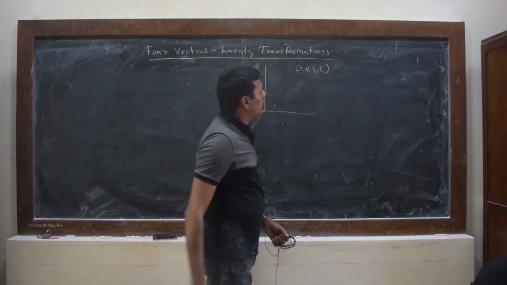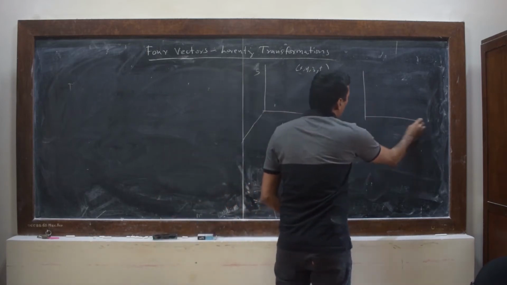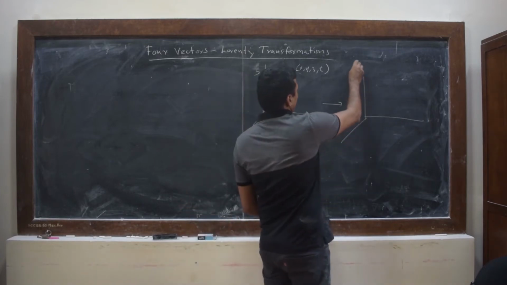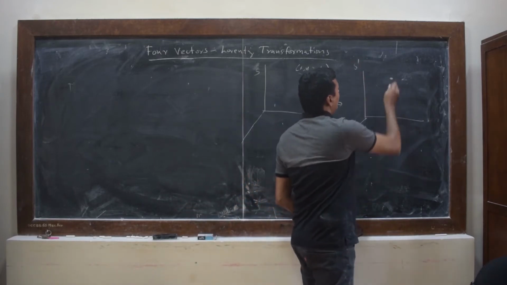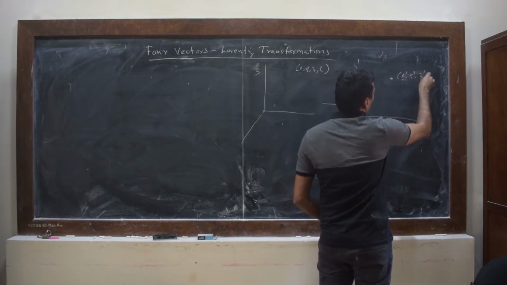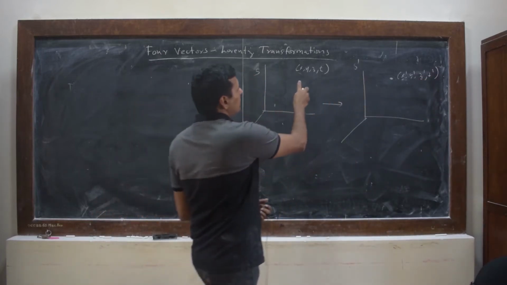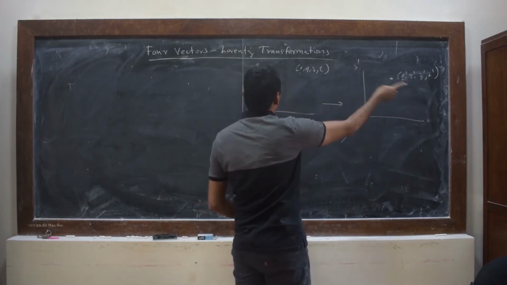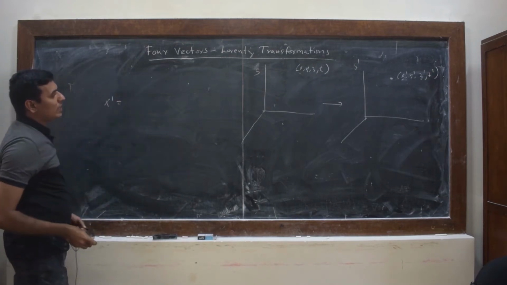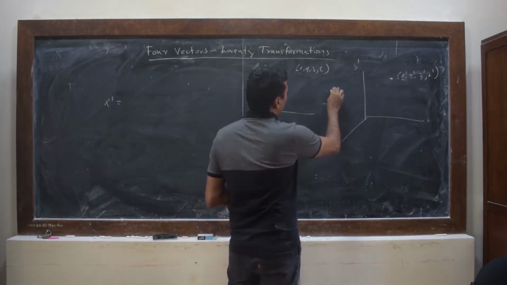Now suppose you consider another frame of reference, which I call S prime, which moves in the positive x direction of S, and the same event in this frame is given by x prime, y prime, z prime and t prime. The Lorentz transformation connects these two sets of coordinates.